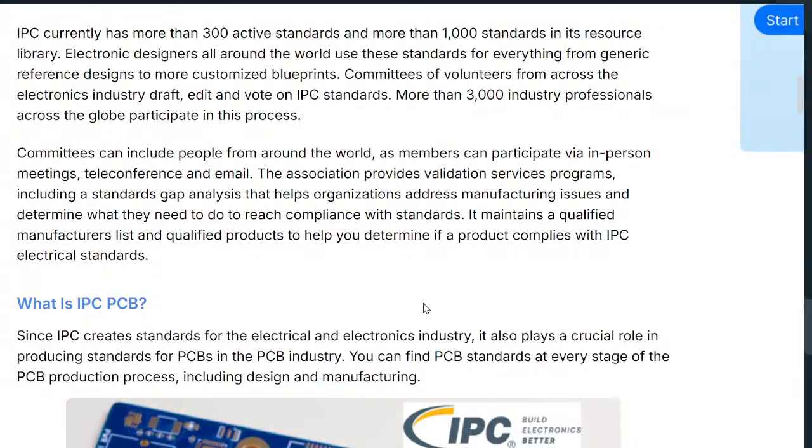See, IPC is not just publishing these global standards, but they are also helping companies manufacture PCBs that are compliant with the global standard. They are giving training, research and development, and performing outreach activities. Not only publishing the documentation, but they are also training the companies how their PCBs should be compliant with the global standard and reach manufacturability.